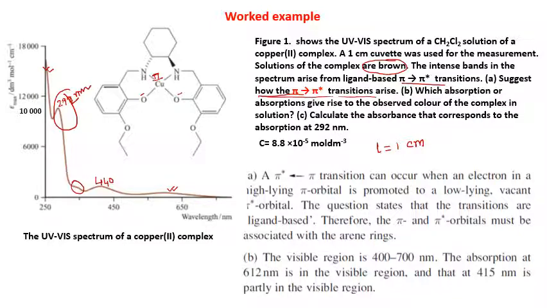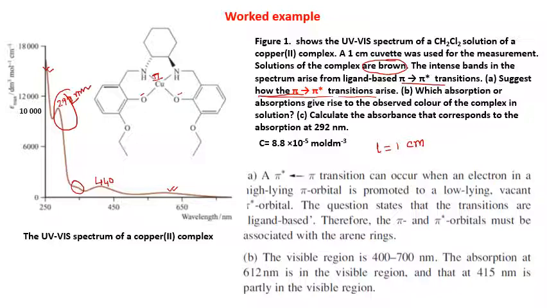Now you can see that because this 292 nanometer falls in the UV region and it is from the ligand center. Now there are two kinds of ligand. One is this arene moiety, connected to this phenoxide, this O minus scaffold. Another is this cyclic diamine type moiety, where the neutral amine group is there.